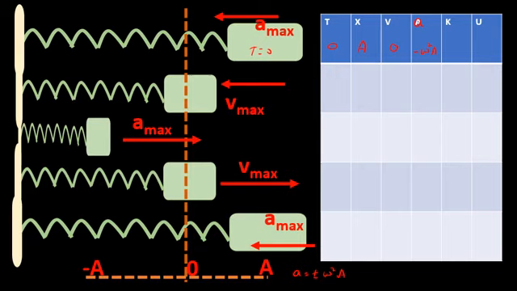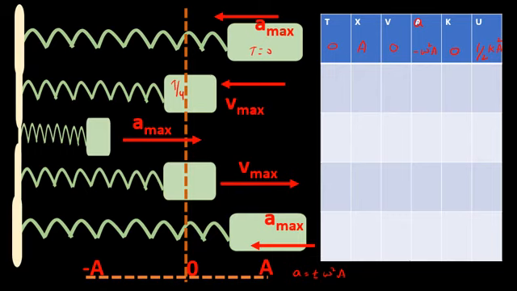So at the maximum position, the kinetic energy will be equal to 0. So here the total mechanical energy will appear as total potential energy, which is equal to 1 by 2 k a square.